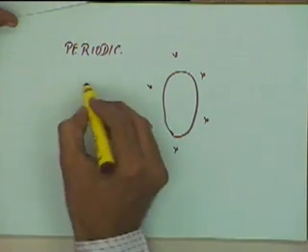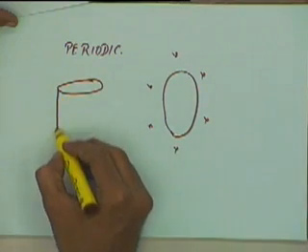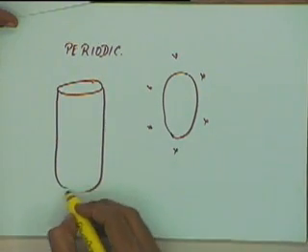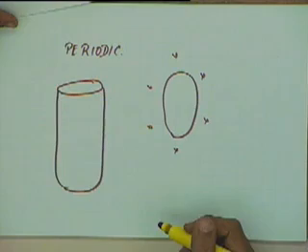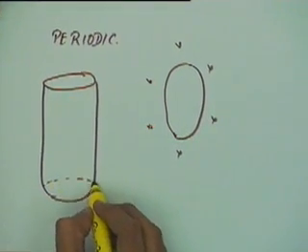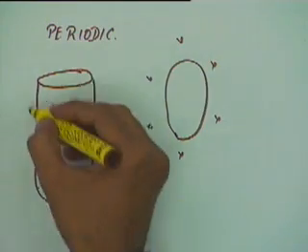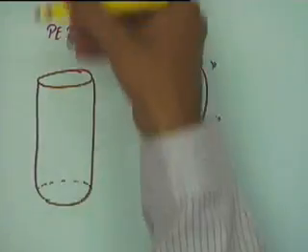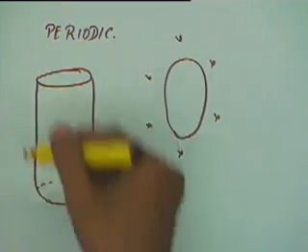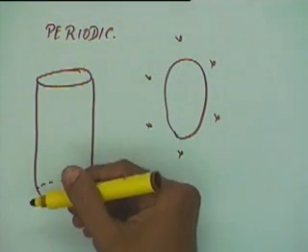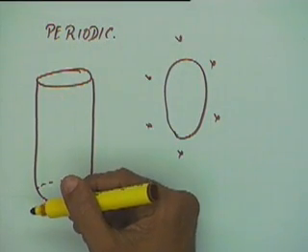For example, we can also have surfaces like this. This is closed in one direction, open in the other direction. Periodic in one direction and non-periodic in the other direction, and so on.